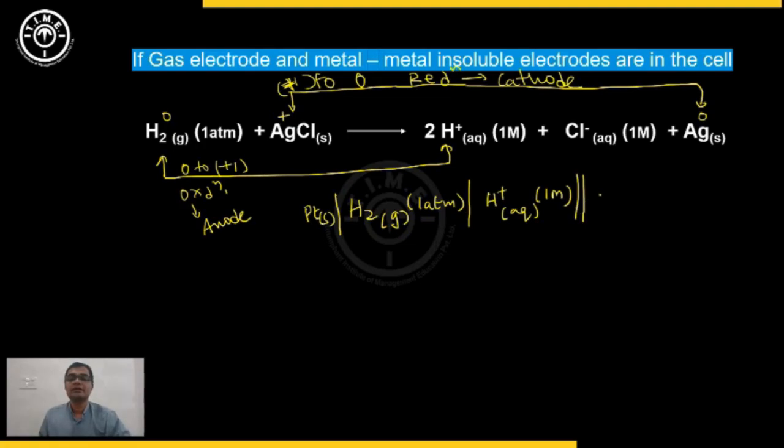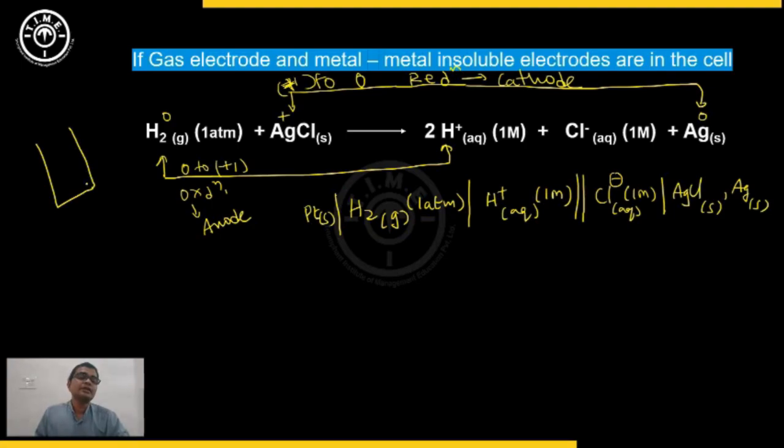Next one is what here? Here Cl- ion, the electrolyte. This is in aqueous state and its concentration is 1 molar. It is connected to silver chloride insoluble salt, and this salt is connected to silver. Now you observe clearly here, the metal insoluble salt.